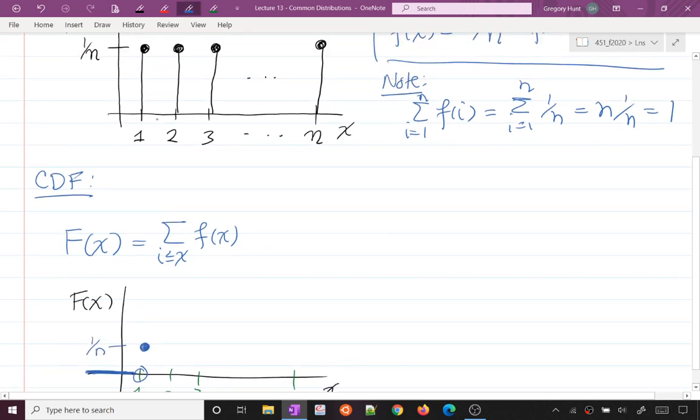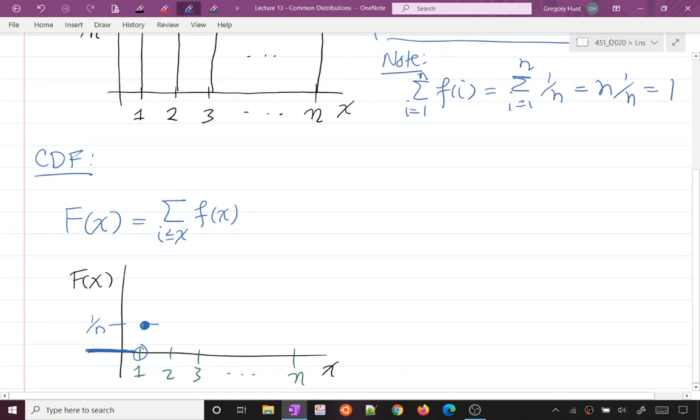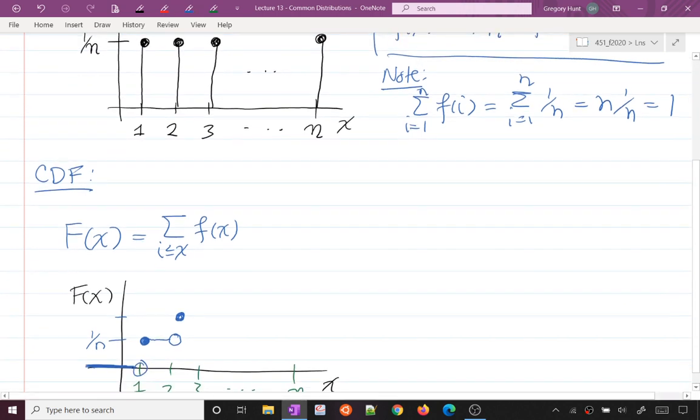Between 1 and 2, the probability, say, I'm less than or equal to 1.5, is the same thing as the probability I'm less than or equal to 1, which is the probability I'm equal to 1. So that will just be constant all the way up until I hit the next value of my support. And I know the jump in my CDF has to be equal to the PMF at that point. And the PMF, of course, is 1 over n, so I jump up to 2 over n.